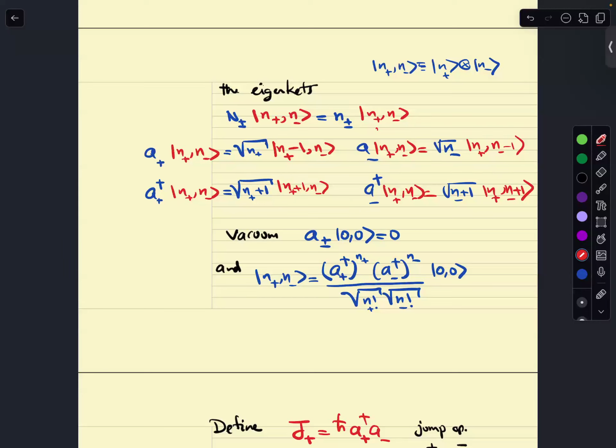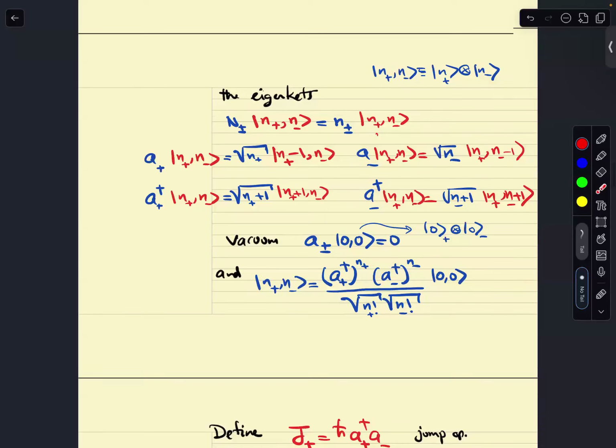You could also, as I said above, think of this as 0 of the plus oscillator tensor 0 of the minus oscillator. Then we saw that actually the ket n could be written, well, it's exactly these relations, as a plus dagger to the power of n plus, a minus dagger to the power of n minus, and this is a normalization that follows from these relations.